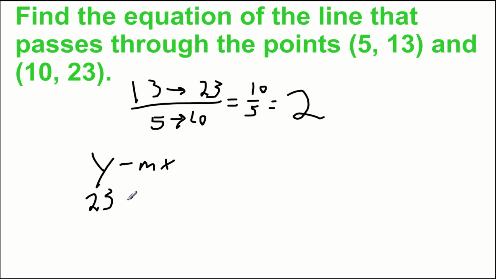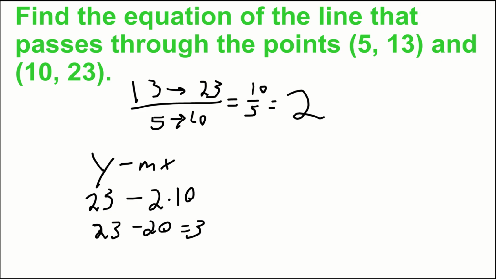So I got 23 as my y value. My slope is 2. The x value that goes with that y is 10. Multiply first always. So we got 23 minus 20, which equals 3. Then we got to put it all together.